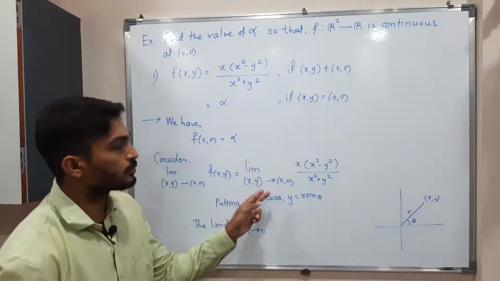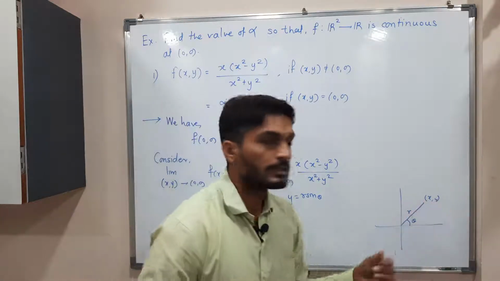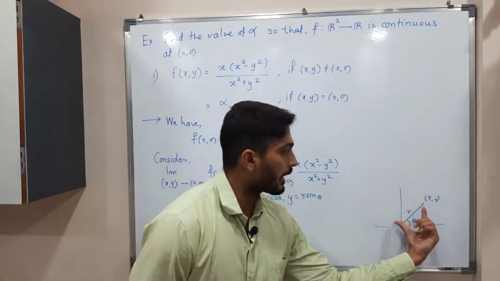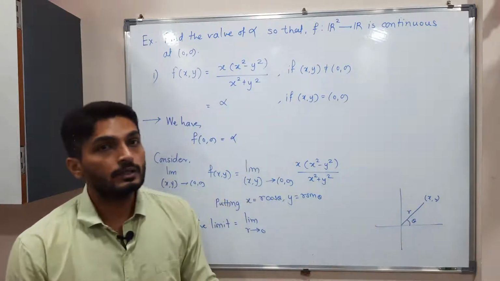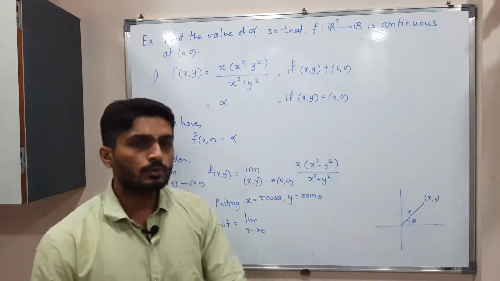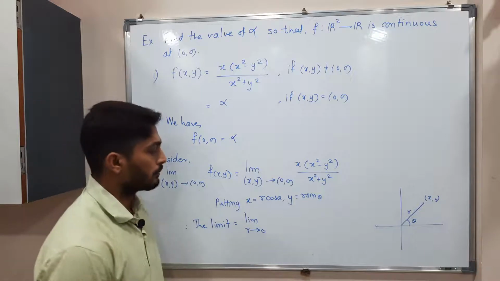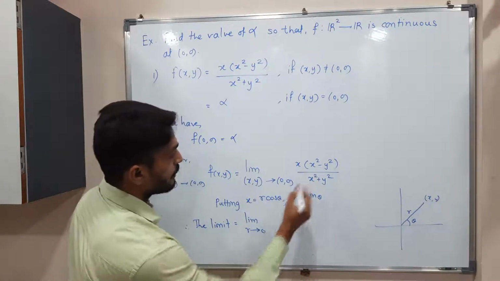When (x,y) tends to (0,0), the point is approaching the origin, which means the distance r is going to 0. There is no relation with theta; simply when (x,y) tends to (0,0), r will move towards 0.